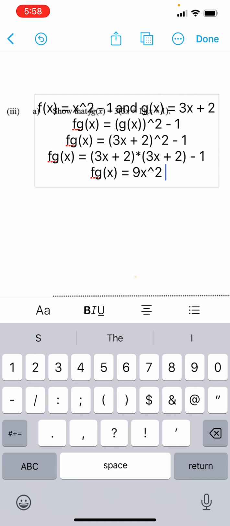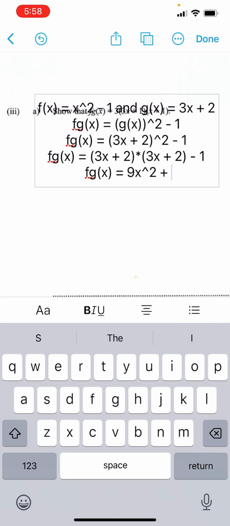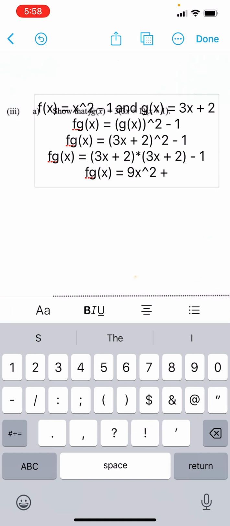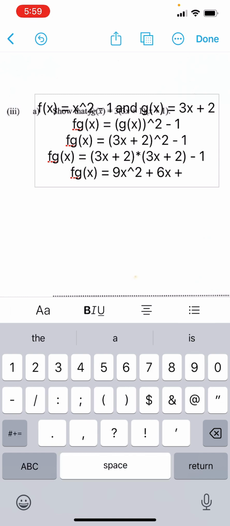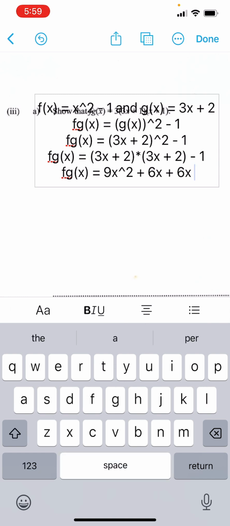So it's going to be a positive number plus 6x, right? And now we're going to multiply the second term of the first bracket with the first term of the second bracket. So it's going to be 2 times 3x. Again, another positive 6x.